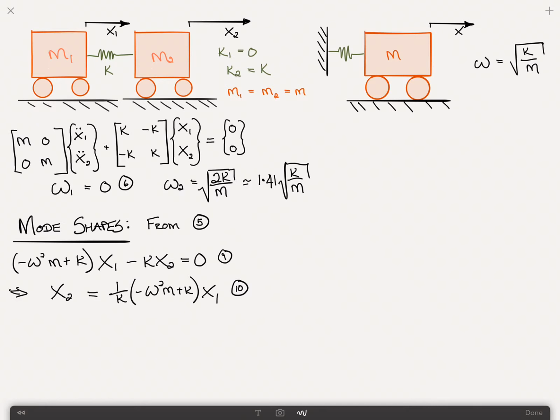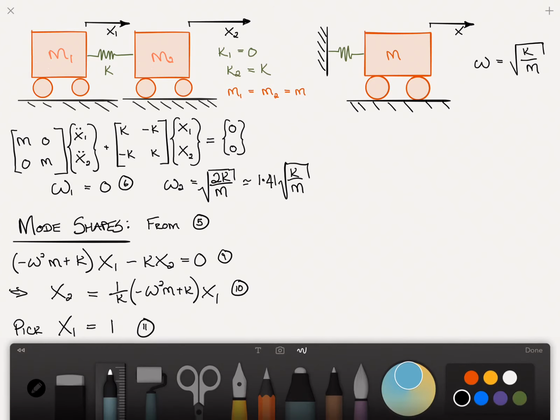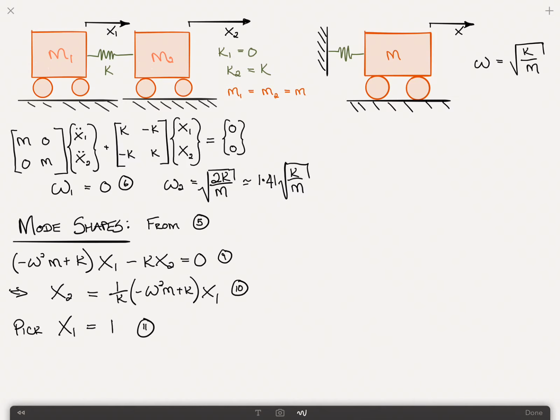They're not linearly independent as a result of the determinant being 0. That's the way we set it up. We've got to pick one of these values and then calculate the other one. So arbitrarily, I'm going to pick x1 to be 1. Call that 11. Okay, let me just make some more space here.